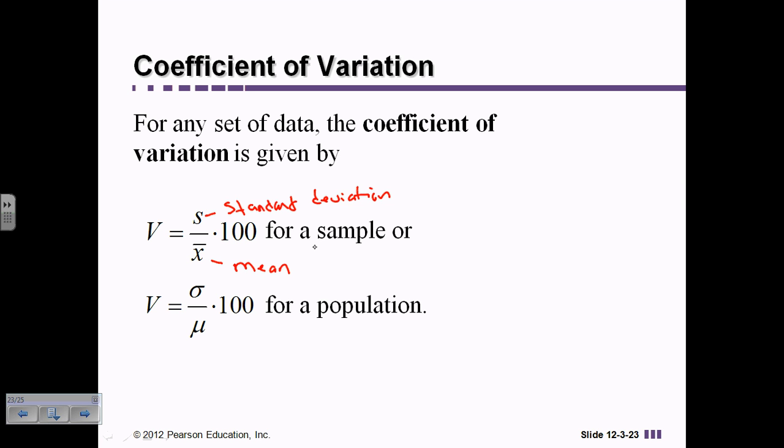So remember, this is talking about a sample. If we're dealing with a population, we're using the same values, but we're using sigma, which is the standard deviation of the population, and mu, which is the average of the population.